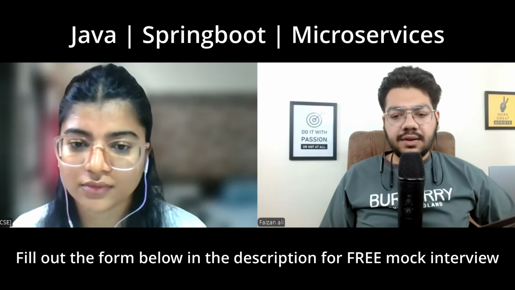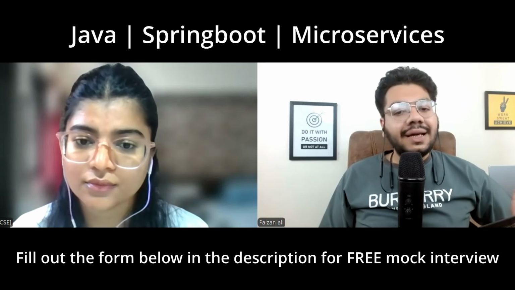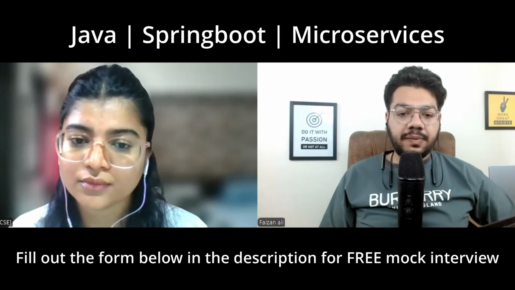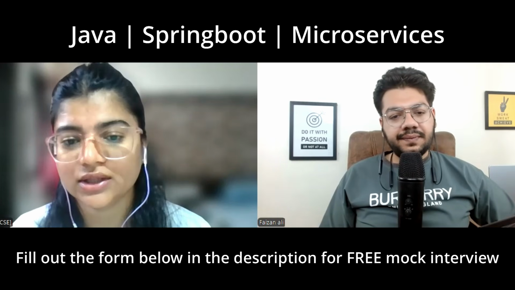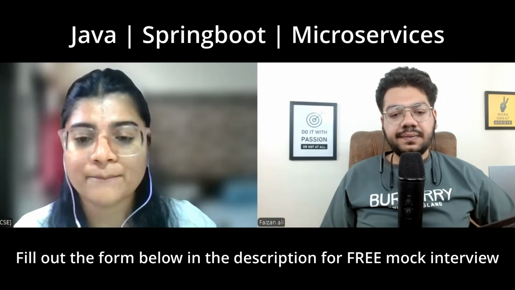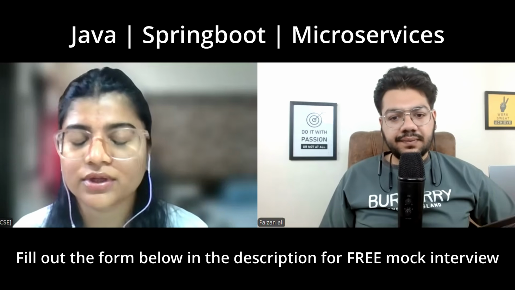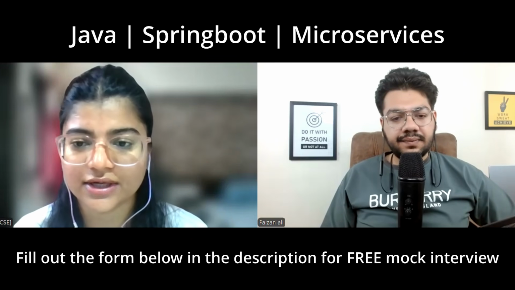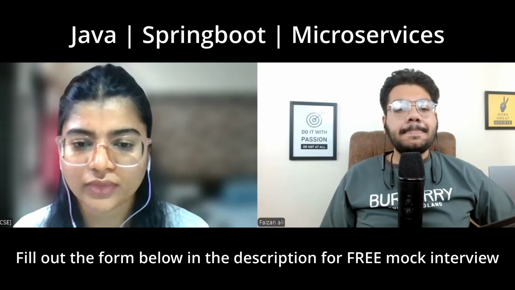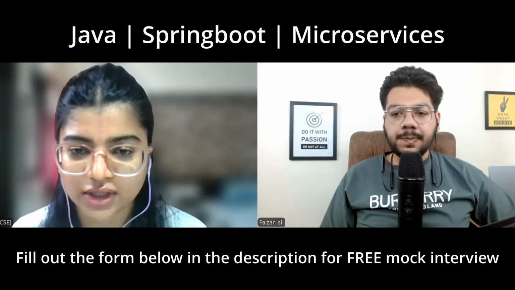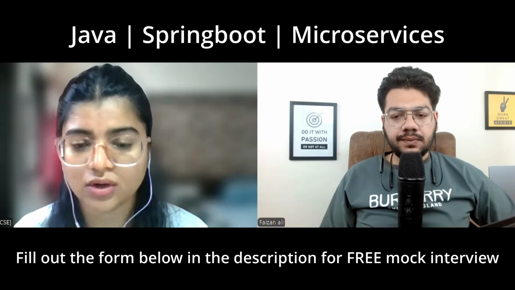Then the actual data will be mismatched, and the output will be inconsistent. Yep, that is correct. So Bhakti, can you please tell me how the equals method in String works and how it is different from the double equal operator? Firstly, the equals method compares the actual content of the object, and double equal compares the reference of the object. So if we compare two strings with the double equal operator, it will compare their references, not the actual content.